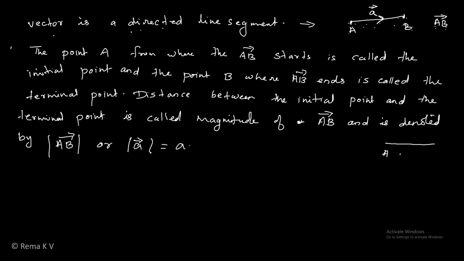So if we consider the line segment AB and the direction is given here, how can you represent this vector? We write this as vector BA and we read this as vector BA. Notation is BA and above this you have to mark the symbol for vector. Which is the initial point here?